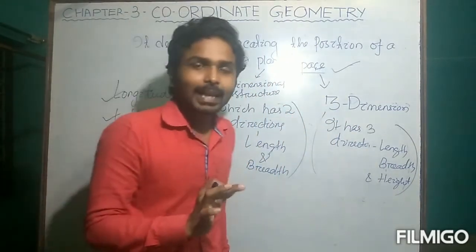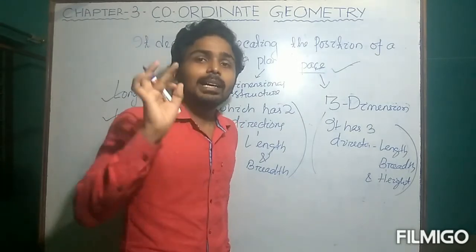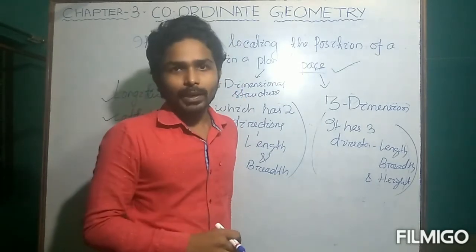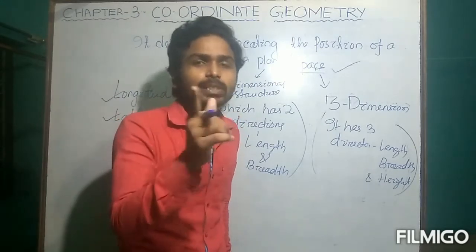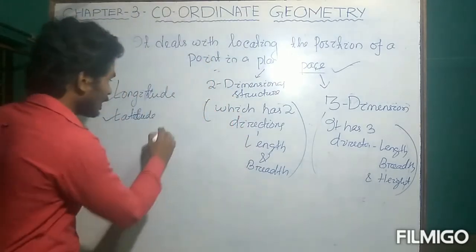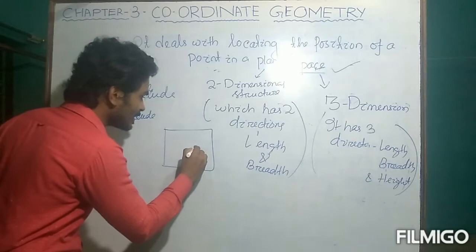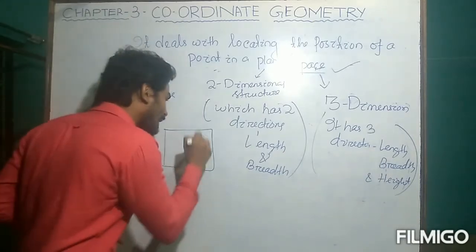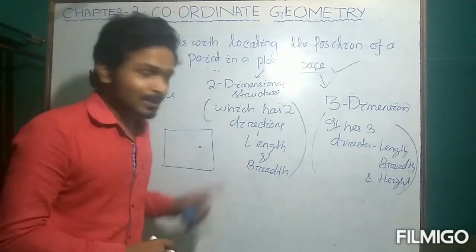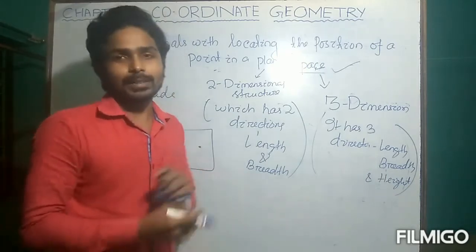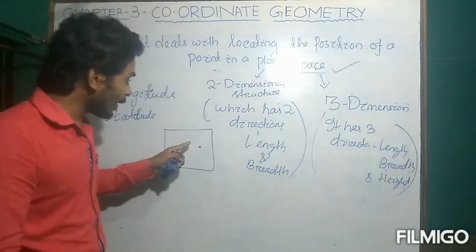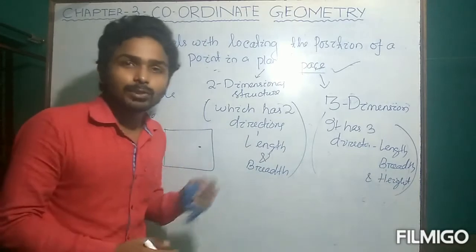We concluded that coordinate geometry deals with placing a point or finding the position of a point. As I have told you, if this is the point, then we have to find out its exact position. So this is known as coordinate geometry. And in order to find the exact position, how many conditions do we need?